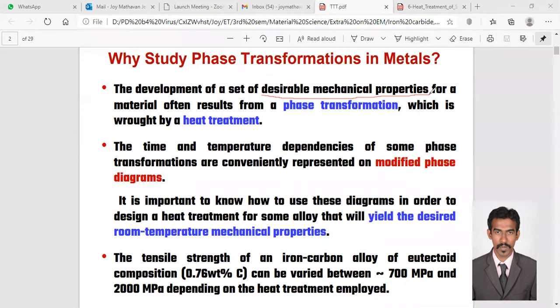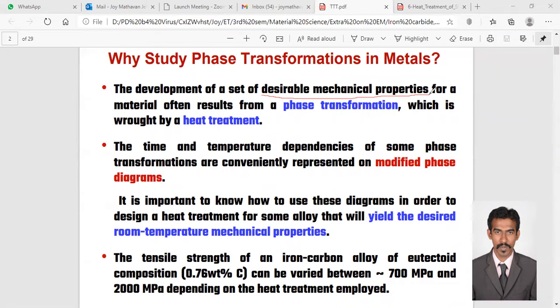So we have the heat treatment diagram, or for our purpose, since we are going to use only iron and carbon, it can be called the iron carbide diagram, right? It is the basic understanding diagram for any alloy. I told you most metals have different phases: alpha, beta, gamma, delta.